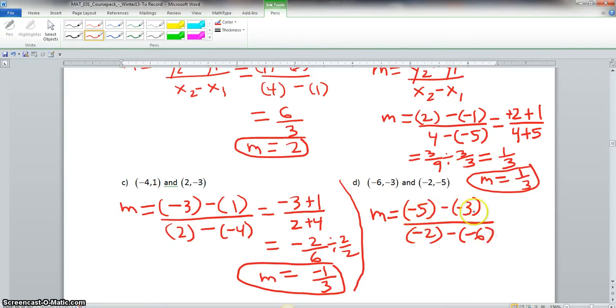And now negative 5 minus a negative 3. We know that will give us negative 5 plus 3 all over negative 2 plus 6.